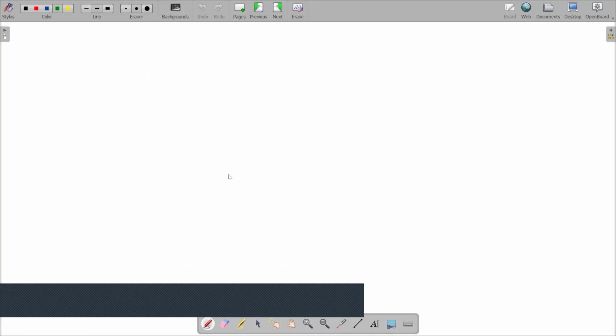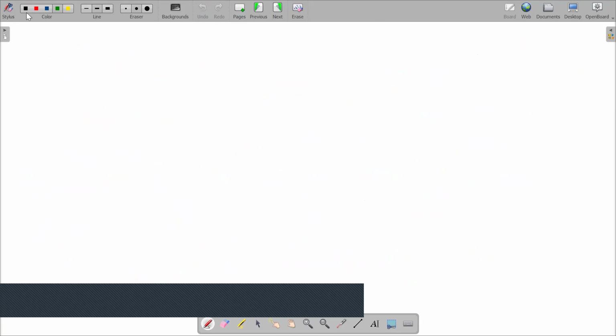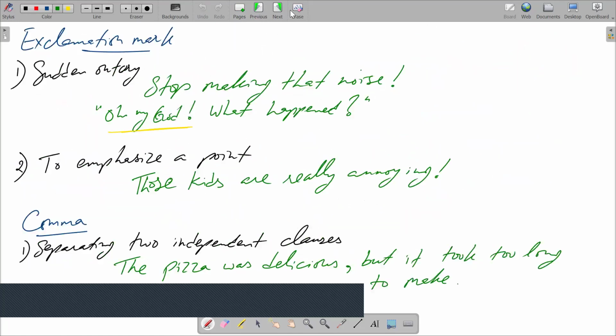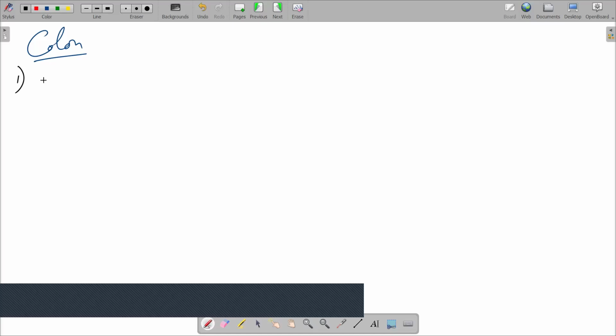Next in the list is the colon. It can be used to introduce a list.